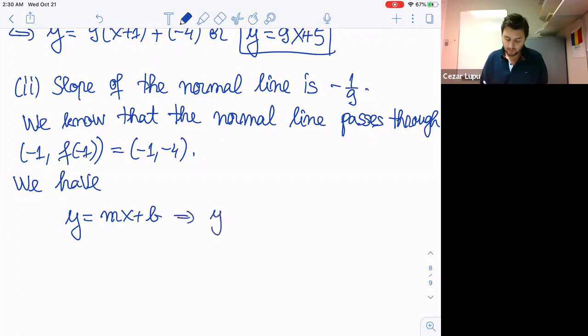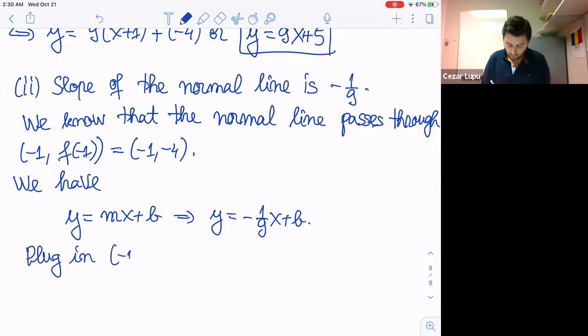This will give us that y is -1/9 times x plus b. Now we need to determine b, and probably you know how to do it. We plug in this point, (-1, -4), to determine b.